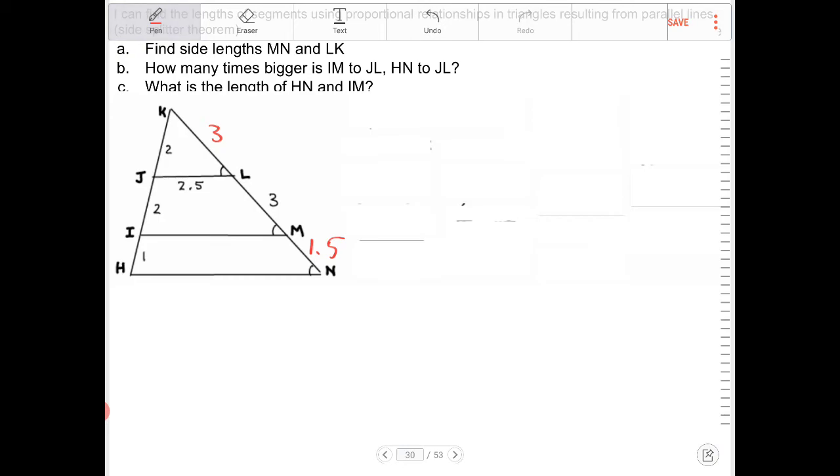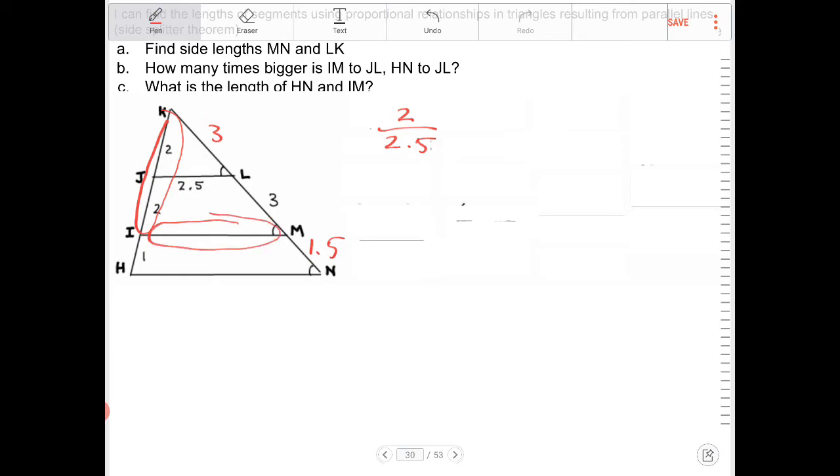How many times bigger is IM to JL? How many times bigger is IM to JL? Well, all of these are supposed to share the same corresponding parts. So if I compare 2 to 2.5, again, I'm comparing these lengths right here. What must also be true is I can compare 4 to this length.